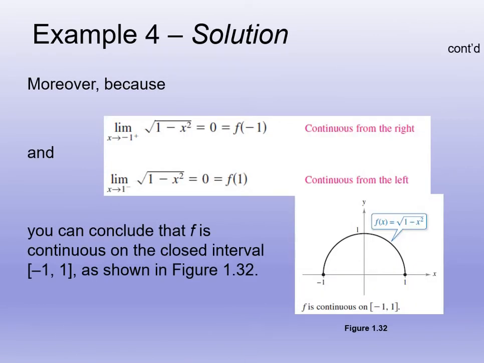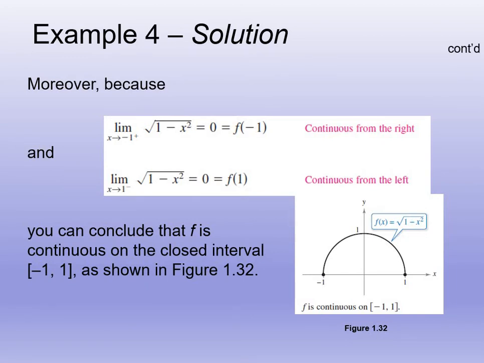It's continuous from the right because we approach the endpoint as x approaches -1 from the right-hand side. We get 0. f of -1 is 0. And then if we approach 1 from the left-hand side, the value exists, it's 0.